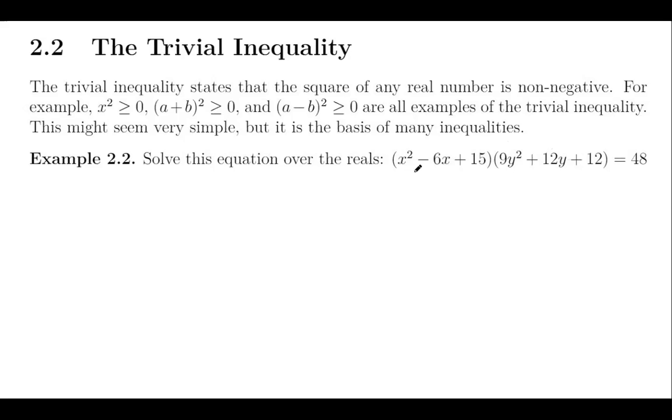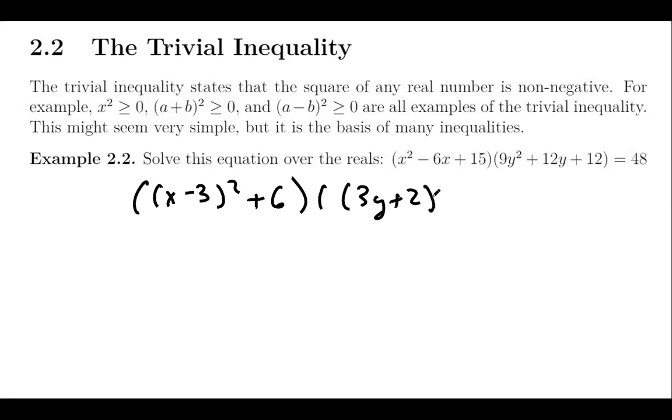So first, let's try completing the square on the factors. If we do that for x, we get (x minus 3) squared plus 6, and then (3y plus 2) squared plus 8, equals 48.